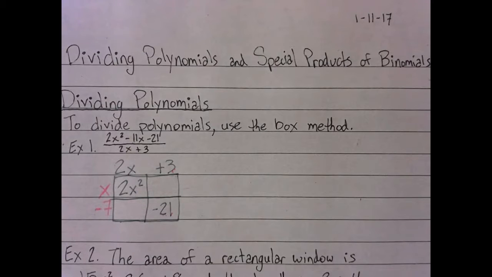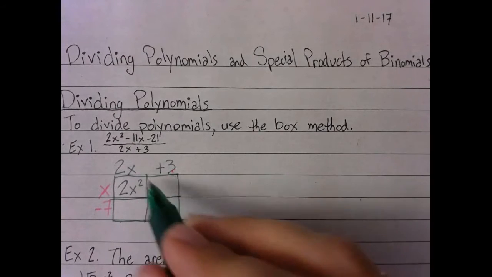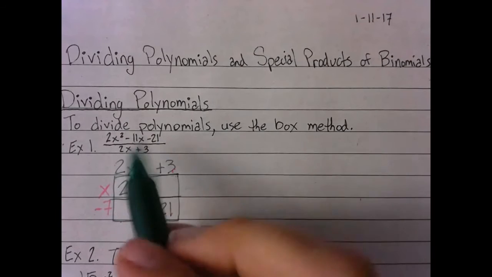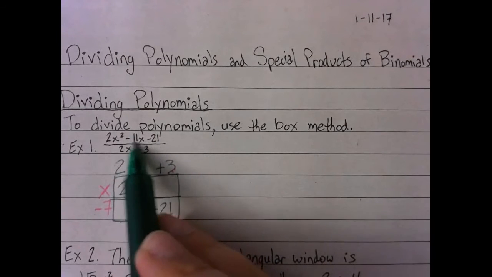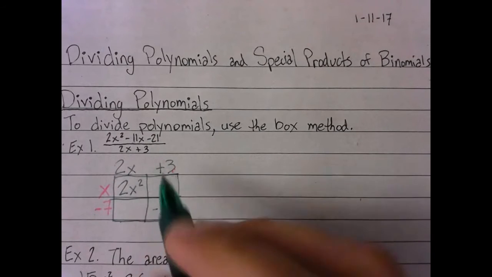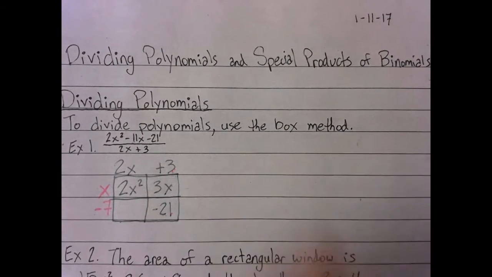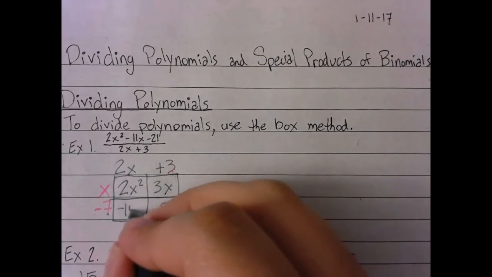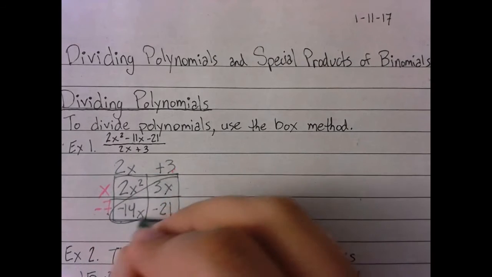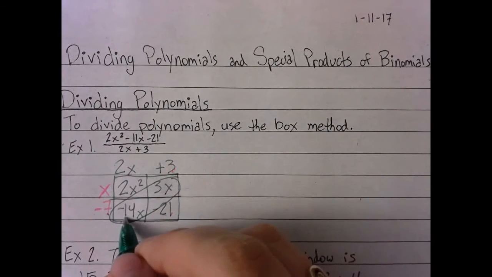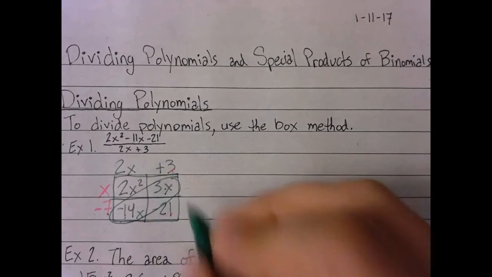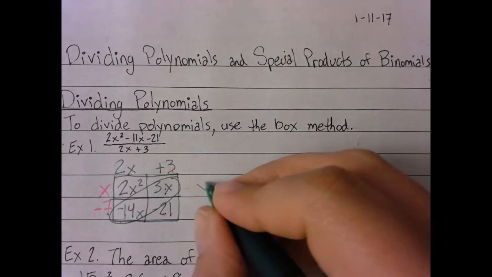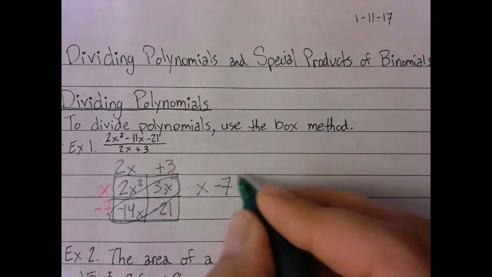If we did this right, when we finish these two boxes we should get a total of negative 11x. So x times 3 is 3x, and negative 7 times 2x is negative 14x. Negative 14x plus 3x is negative 11x. So we're right. Our answer is x minus 7.